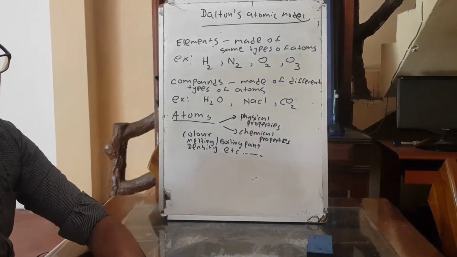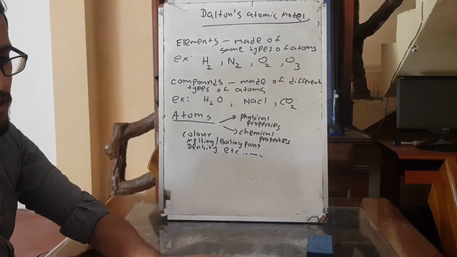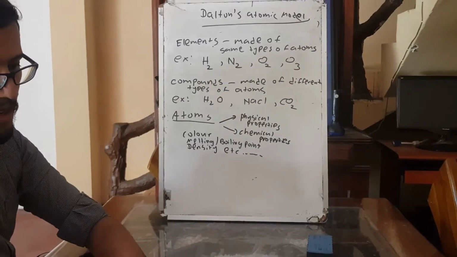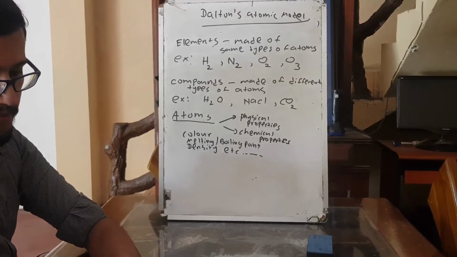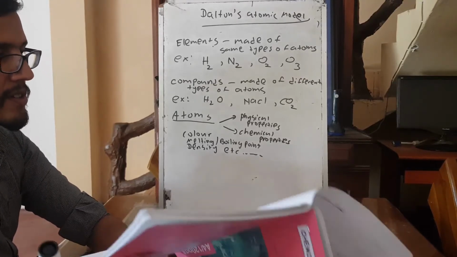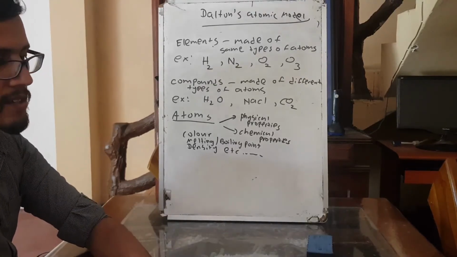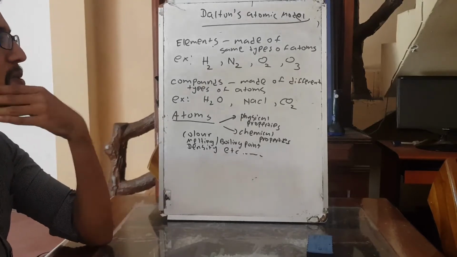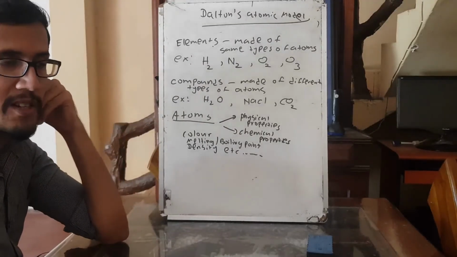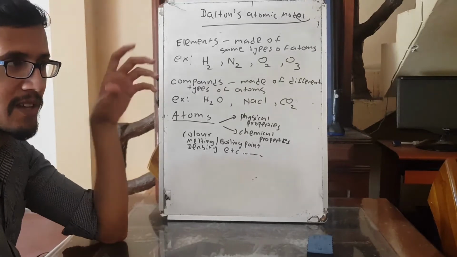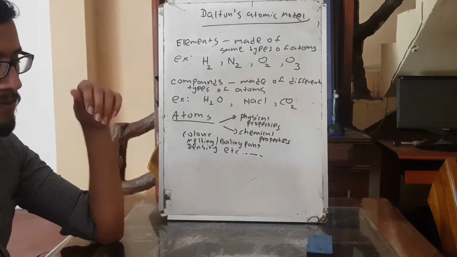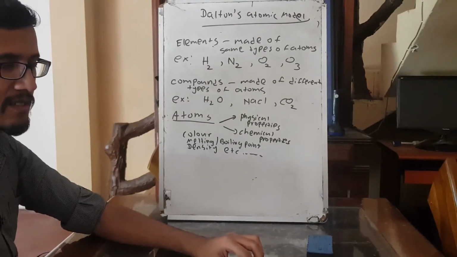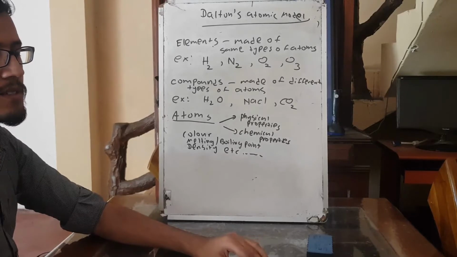According to these different types of atoms and elements, John Dalton gave them names and symbols, similar to the periodic table. He was the one who gave the idea about the periodic table first. Now we have a different periodic table, but this gives an idea about symbols.